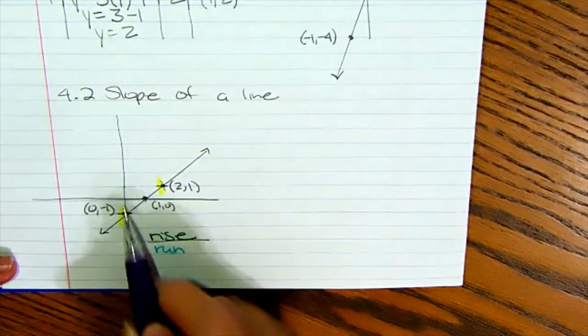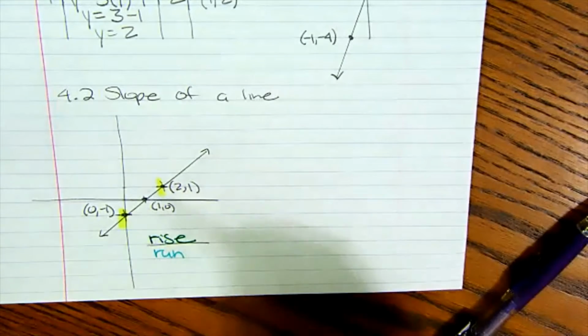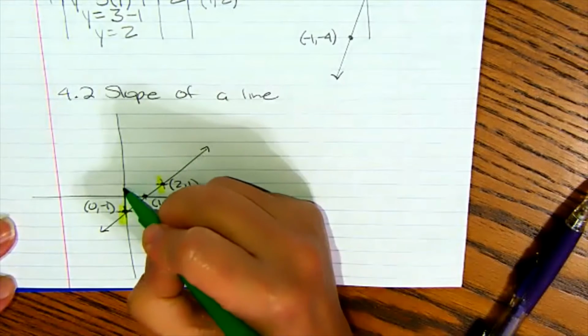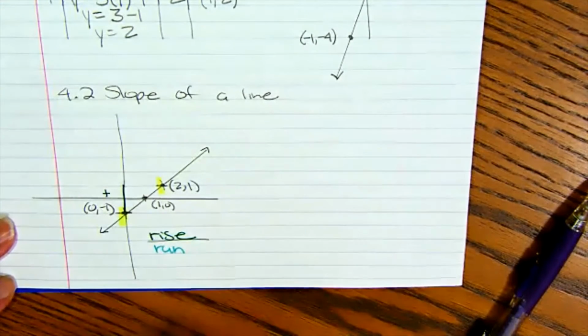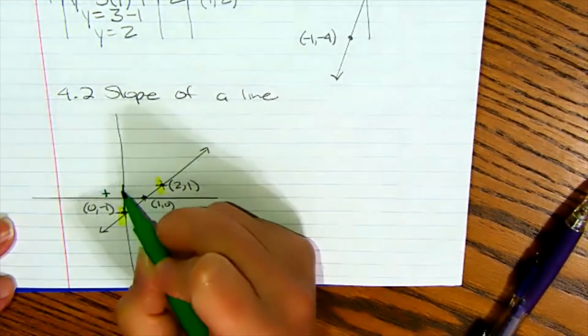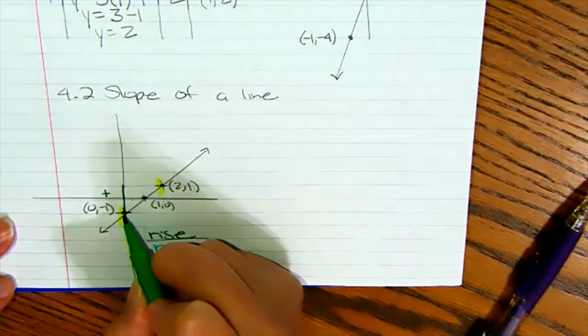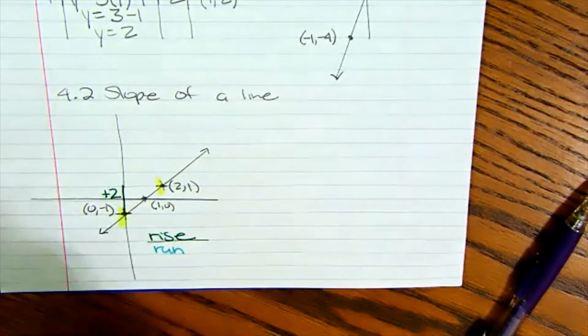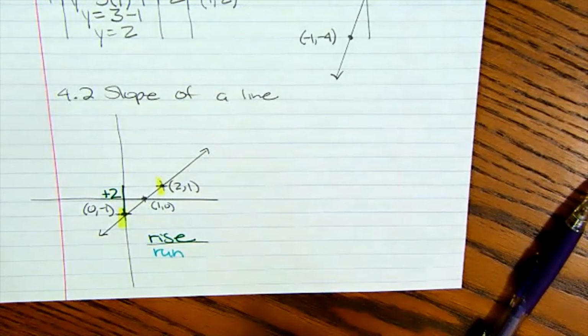So the first thing I want to do is the rise. In this case, I'm going up, which is positive. If I were to go down, it would be negative. But since I'm going up, it's positive. And I'm going up 1, 2. So my rise is positive 2.